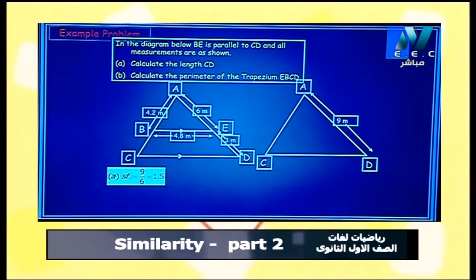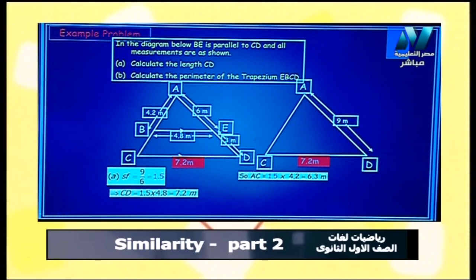Scale factor here equals 9 over 6 equals 1.5. To find CD, just multiply 1.5, which is the scale factor, by 4.8. The answer will be 7.2 meters. So CD here equals 7.2 meters.